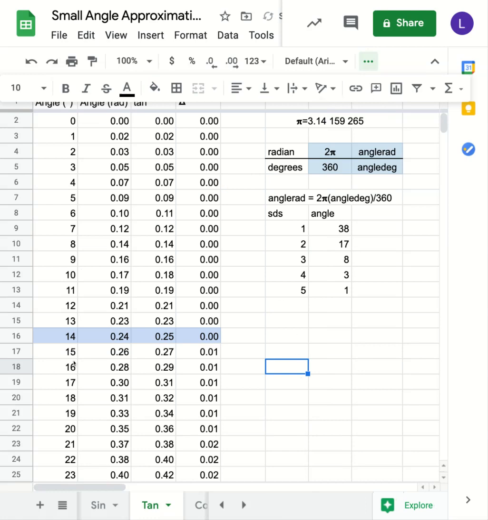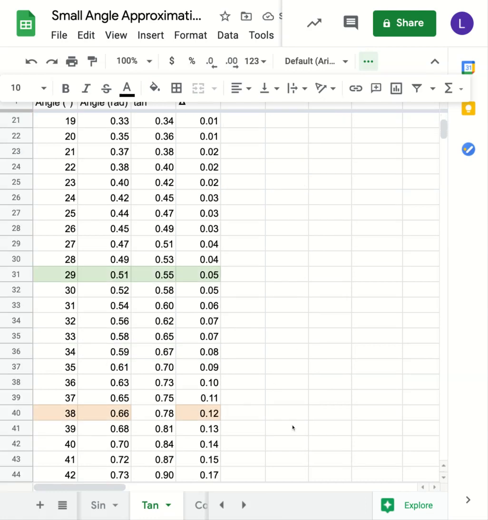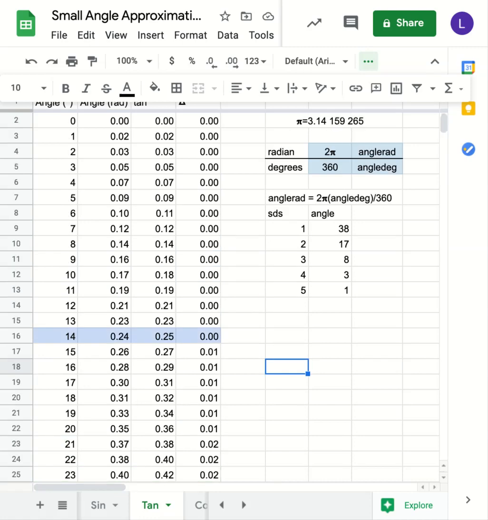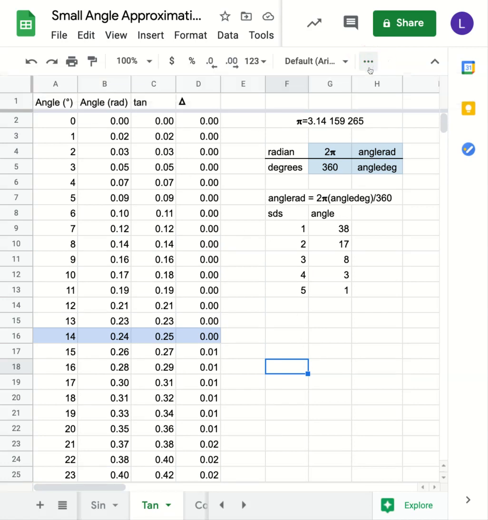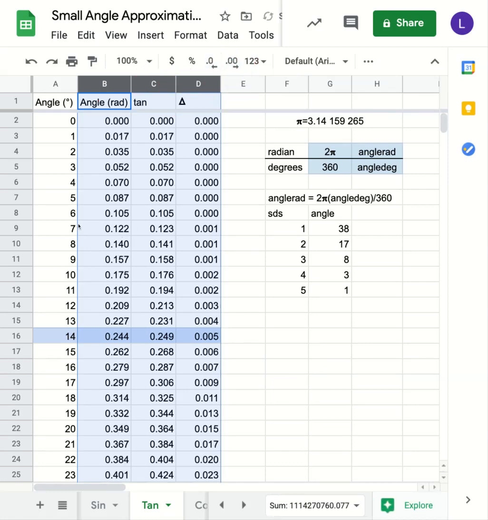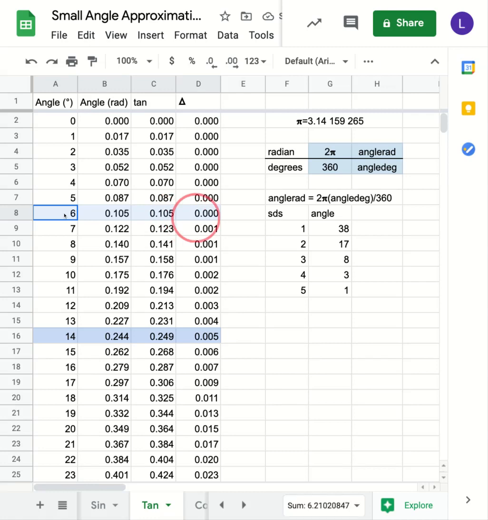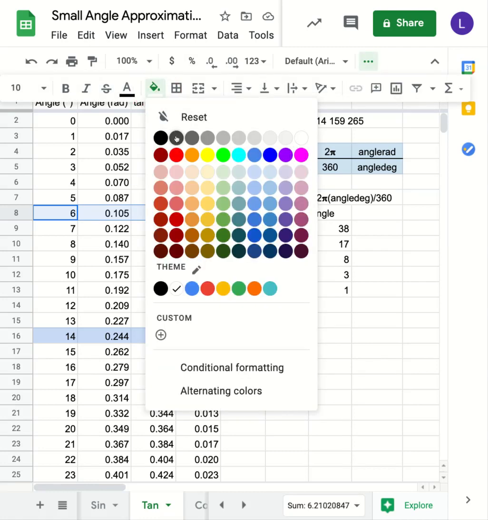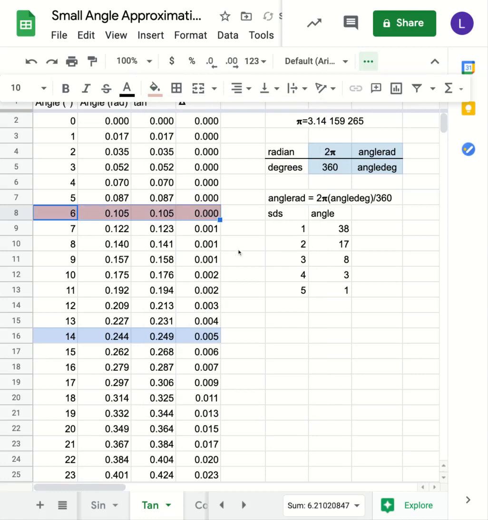Now this is kind of surprising because if we remember before, we had 38 for sine, 29 for tangent, 17 for sine, 14 for tangent. So it actually looks like they might be even converging. Let's go now to 3 significant digits. And lo and behold, we have it at 6. And it was 8 for sine. So they are seemingly getting closer together.